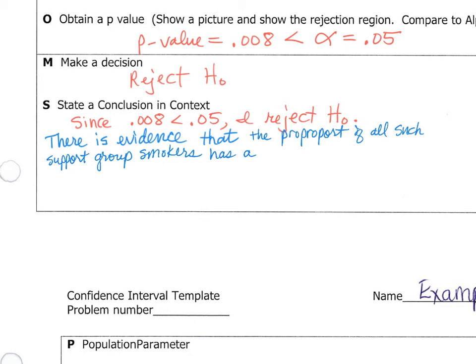Smokers have. All such, oops, that the proportion has a higher success rate than all such non-support group smokers.